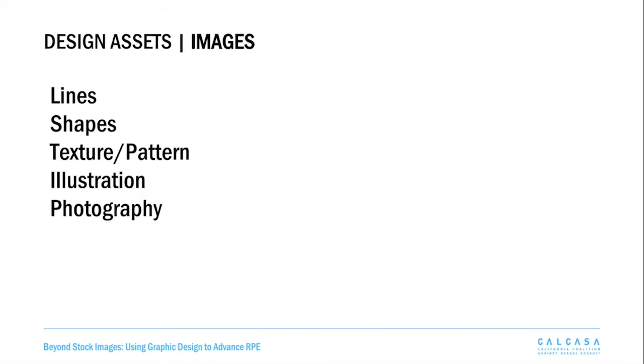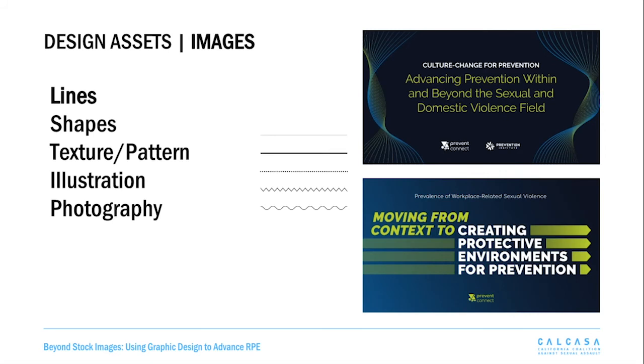So the next thing I want to talk about is images and how to create different images. So you can do that through lines. Here we have different examples of how lines are used to create either texture or emphasis. On the first one, those lines are used to just create a texture in the background and frame the content within the design.